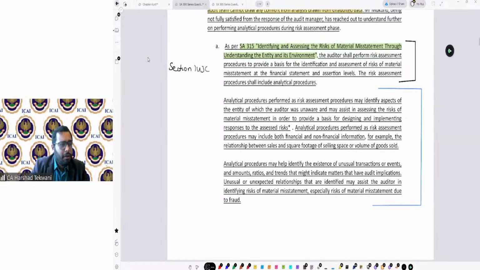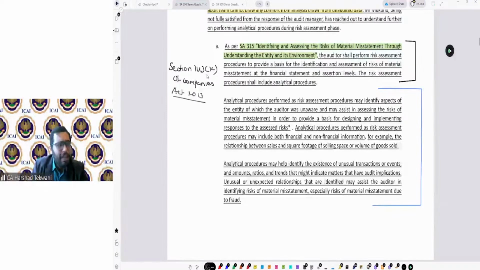So you can write section 143, 11 or 12, let's say, for example, which may help you to understand. So 143.12 of Companies Act 2013.